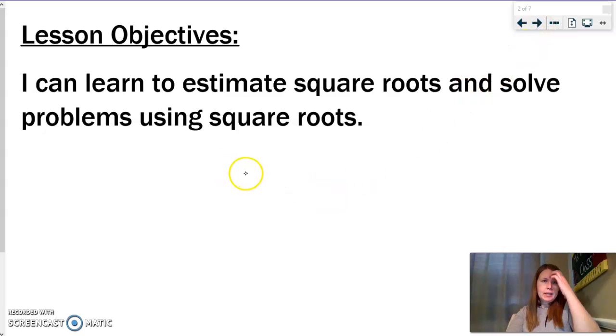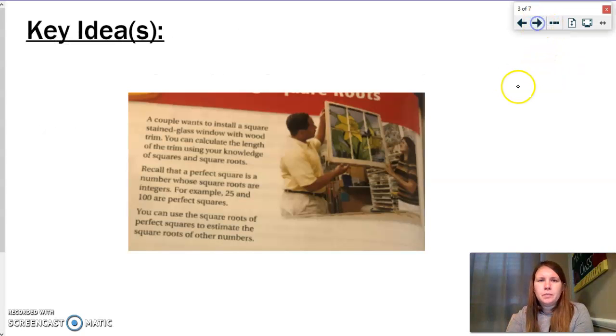So our objective is: I can learn to estimate square roots and solve problems using square roots. This is part of your textbook. It says a couple wants to install a square stained glass window with wood trim. You can calculate the length of the trim using your knowledge of squares and square roots.